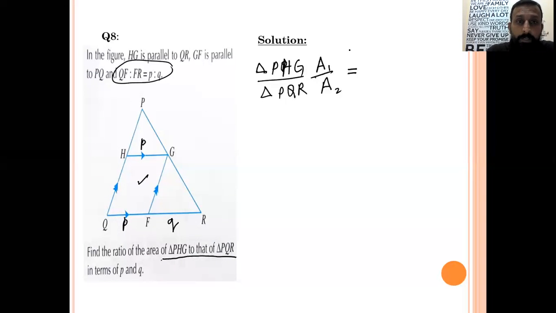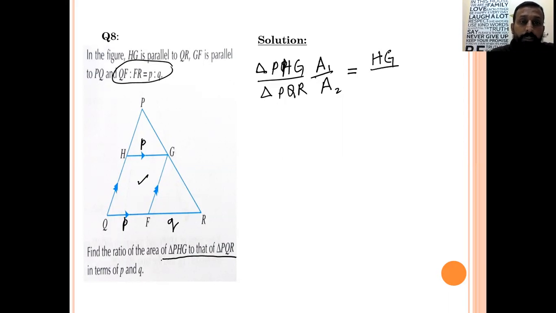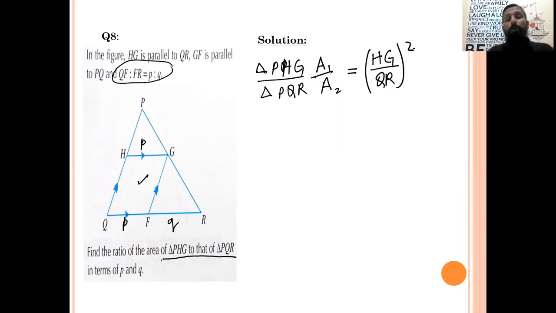What is L1? It is HG, and what is L2? It is QR, and this has to be the whole square. The ratio of areas of the two similar figures is equal to the square of the ratio of their corresponding sides, right?